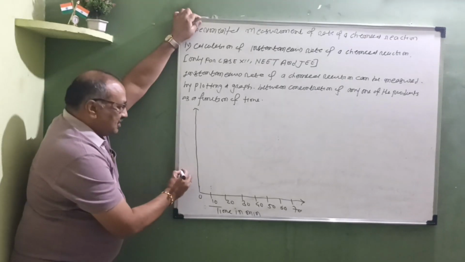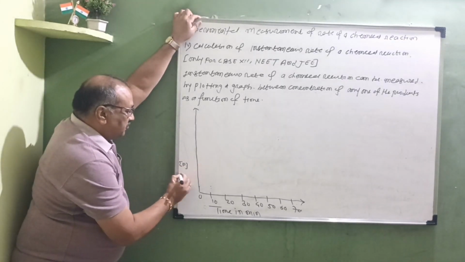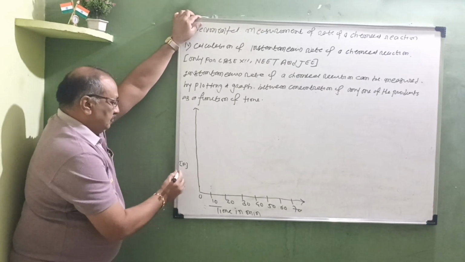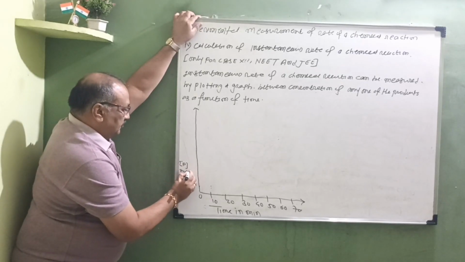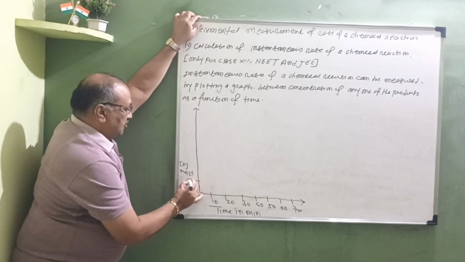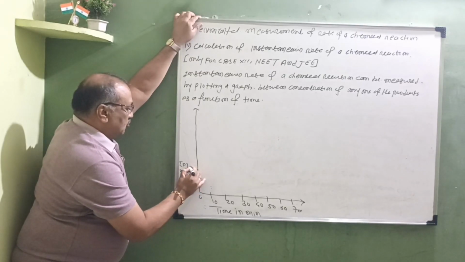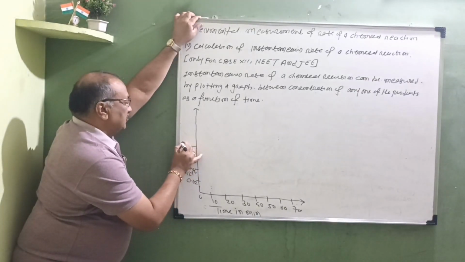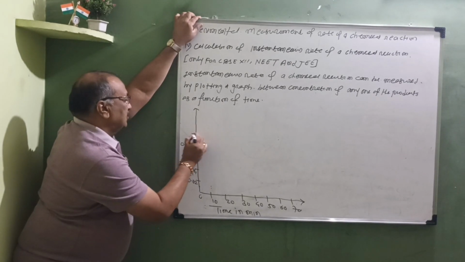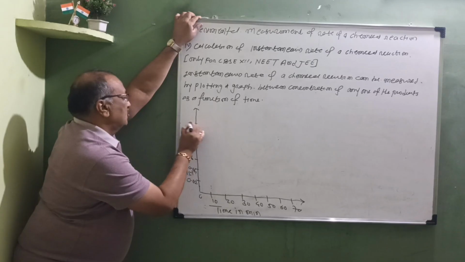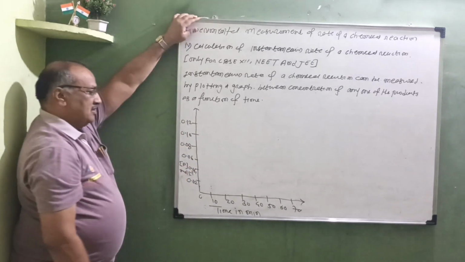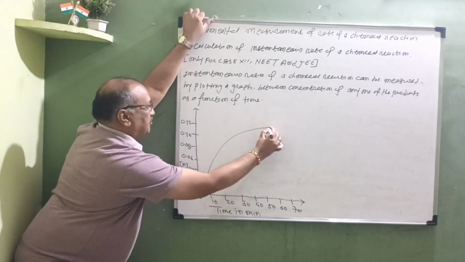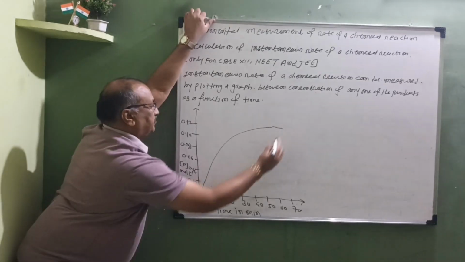Here write down concentration of product in mole per liter: 0.02, 0.04, 0.06, 0.08, 0.10 and here 0.12. Now here draw the graph like this.